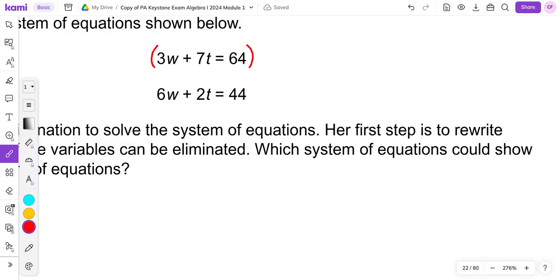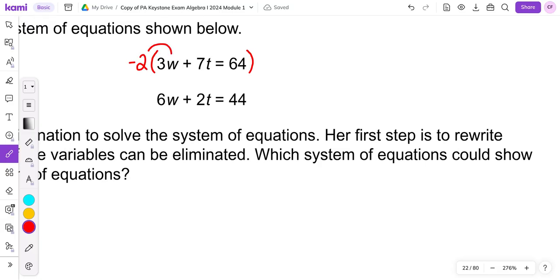Again, when you multiply, you have to multiply the entire equation by it. Distribute those in. And what this then becomes is negative 6w plus 7t. Oops, that's no longer 7t because we multiplied by the negative 2.